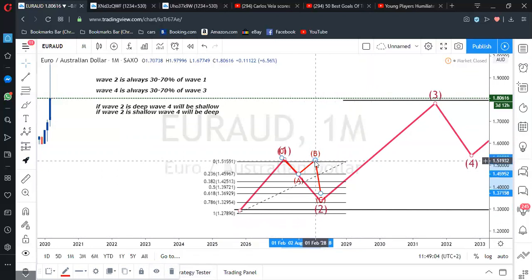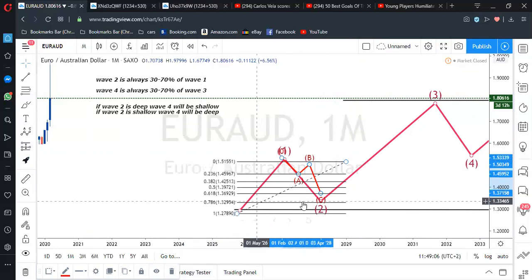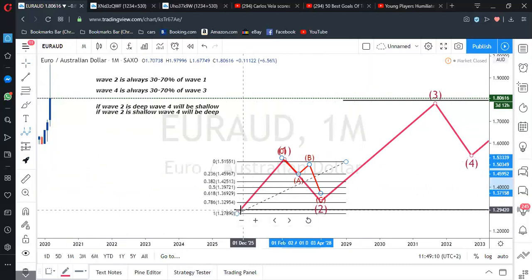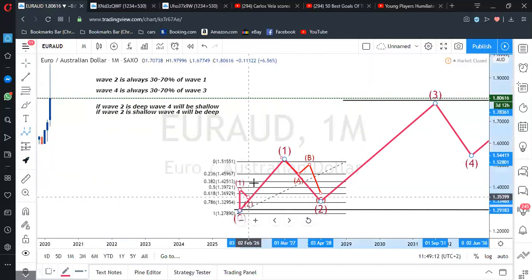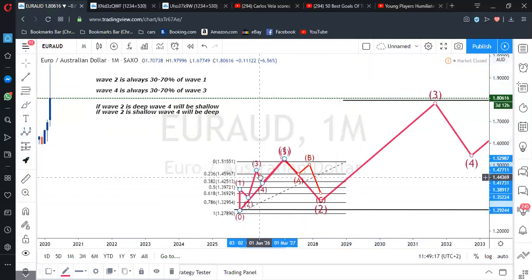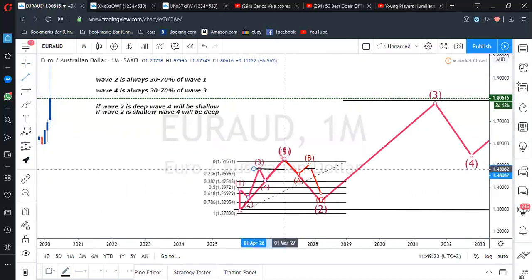A QML structure would look something like this. Remember, I said there's 1, 2, 3, 4, 5s in here. Let's try to put these 1, 2, 3, and then 4, and then 5. It would look something like this. What they call QML is just this.